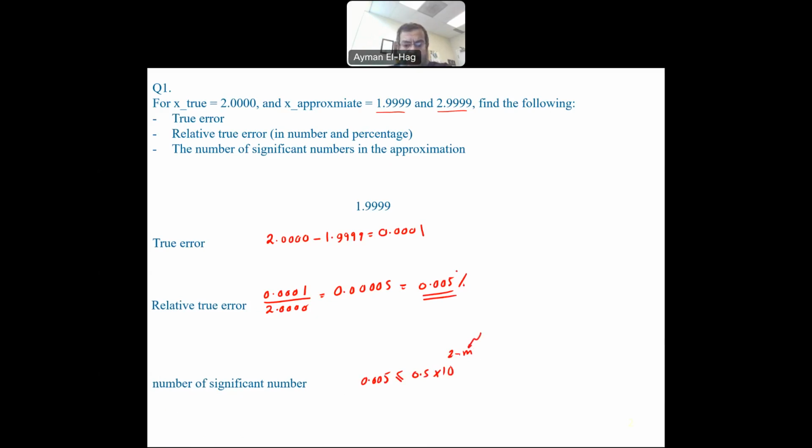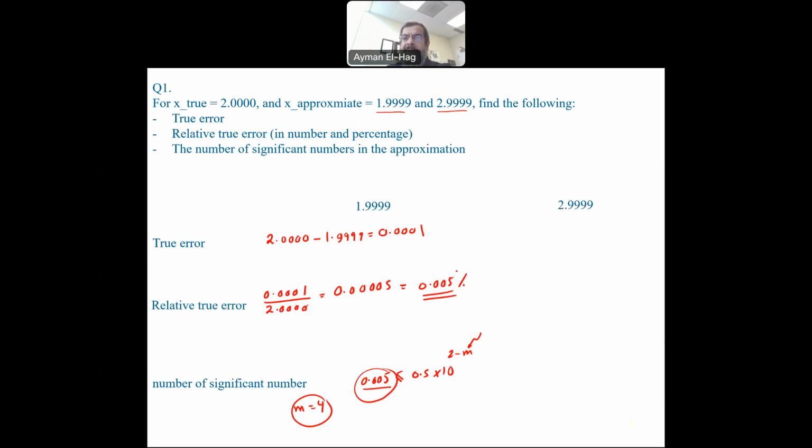So we want to find m. When we solve for this, clearly your m will equal 4, because when m is 4, this is equal to 10 to the minus 2, this becomes 0.005, the same as this, and this is equal or less. So we have at least 4 significant digits.